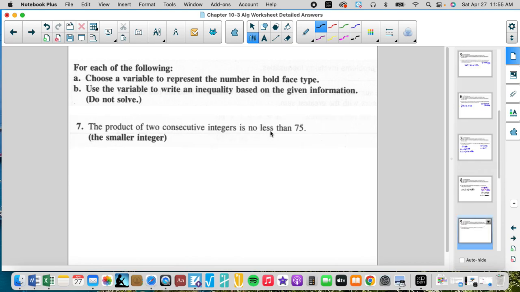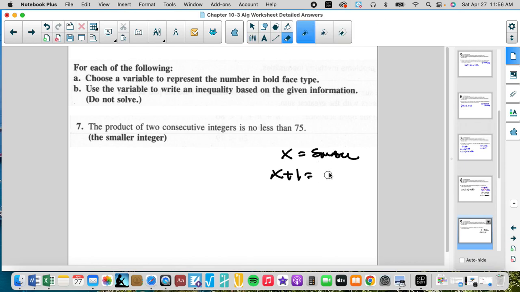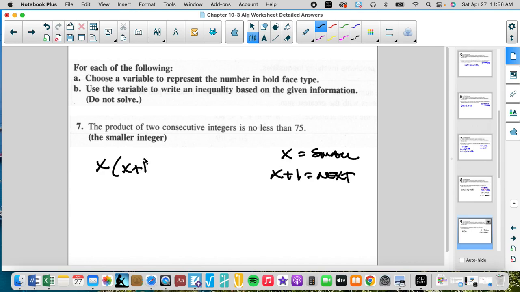The product of two consecutive integers is no less than 75, the smaller. So we can just say x is the smaller. Consecutive integers are x plus 1, that's 1 away, is the next, and this is the next integer. So the product, we have x times x plus 1 is no less than, so it can't be less than, is no less than 75.